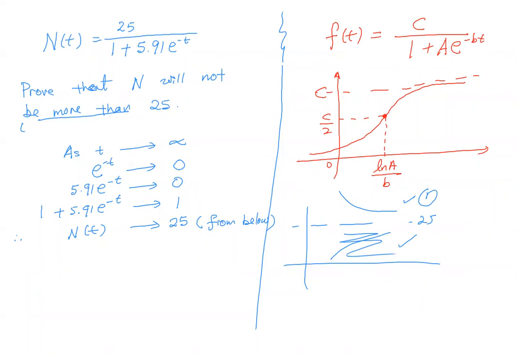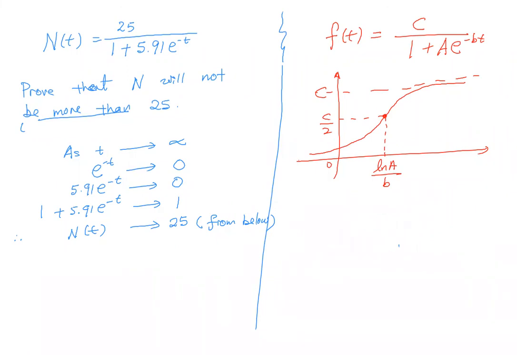So for the f prime x graph for this one, do you know how is the shape of the f prime x? I can ask you to draw the f prime t graph, right? The f prime t graph for this case will go like that. So based on this f prime t graph, what can you say about f(t)?